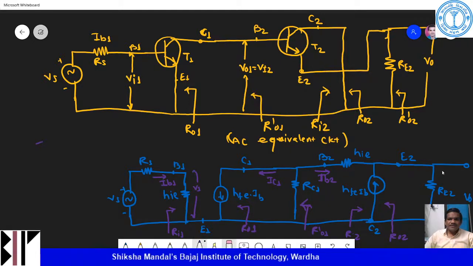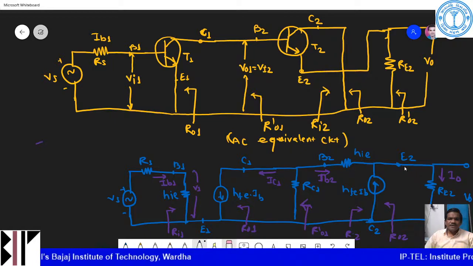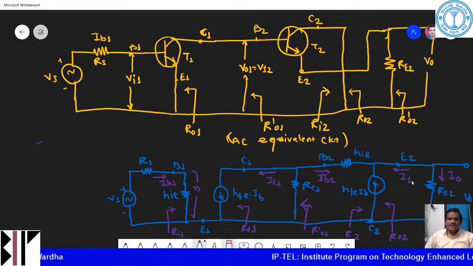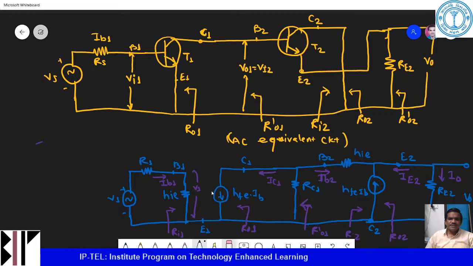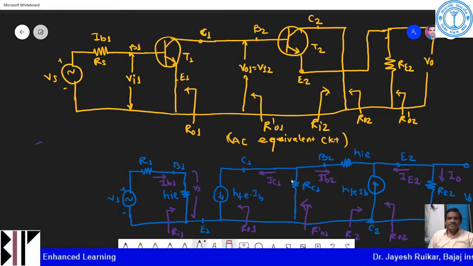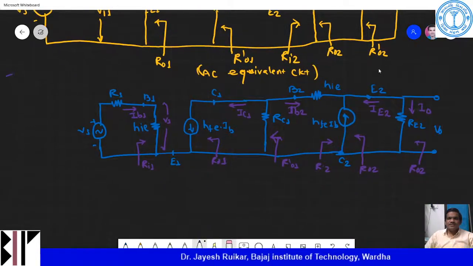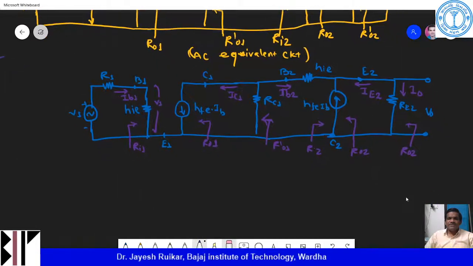And then current across this is my IO, that is output current. Current across this E terminal is my IE2, and this is IB2. Yes, all the current directions I have made. So you can then calculate, it will be easier if you are going to calculate the individual current gain, and then overall current gain and voltage gain.